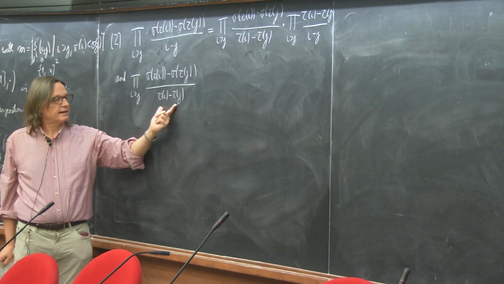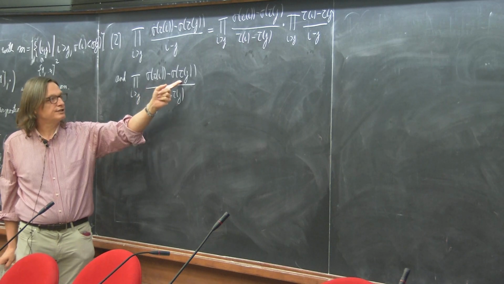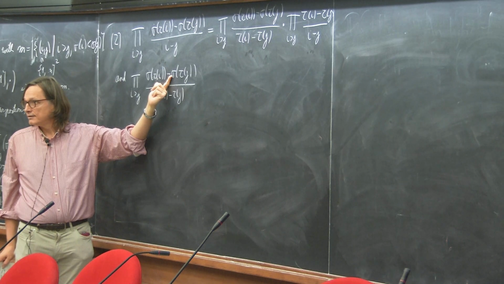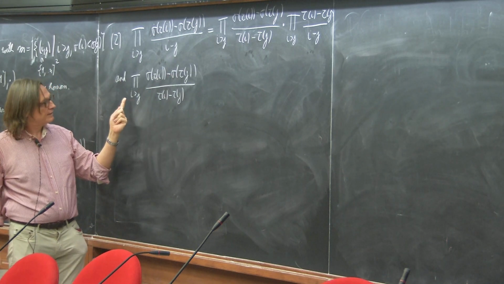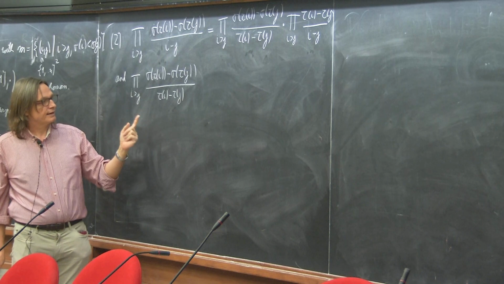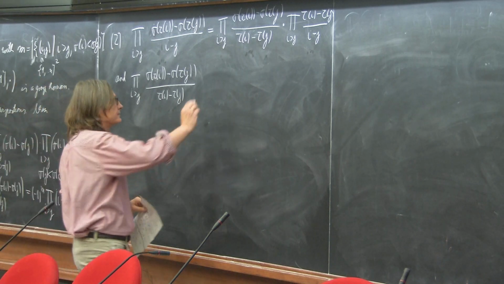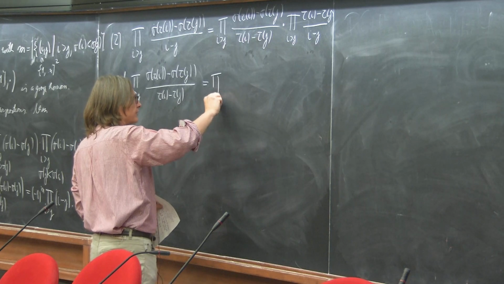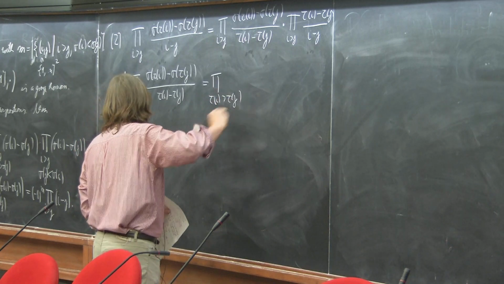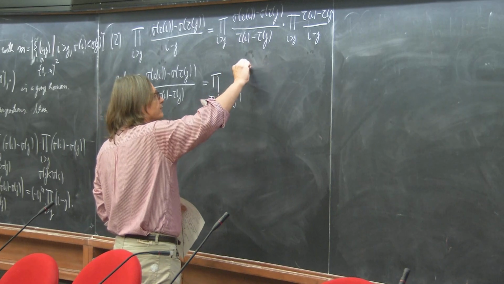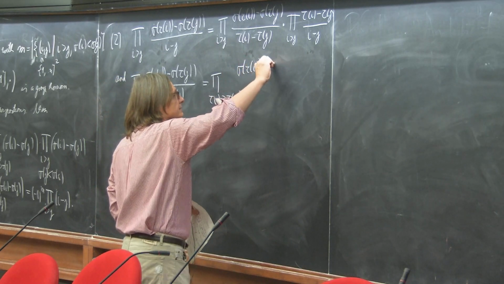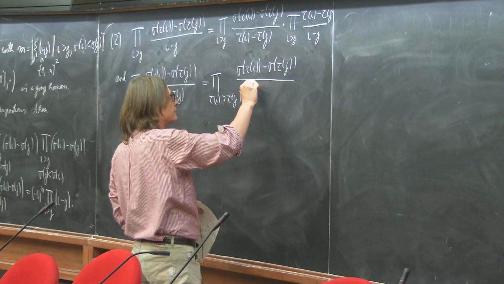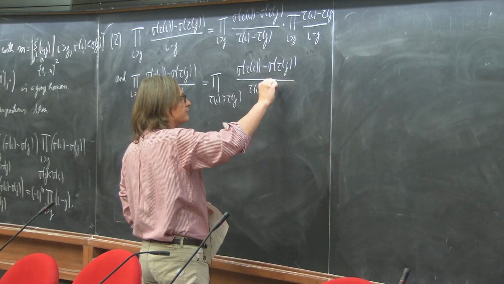If we do this, we get a sign here, but we also exchange these, so we also get a sign here. So altogether, we get the same thing. So we can as well assume, instead of i bigger than j, that tau of i is bigger than tau of j. So this is the same as a product over all ij such that tau of i is bigger than tau of j, of sigma of tau of i minus sigma of tau of j divided by tau of i minus tau of j.